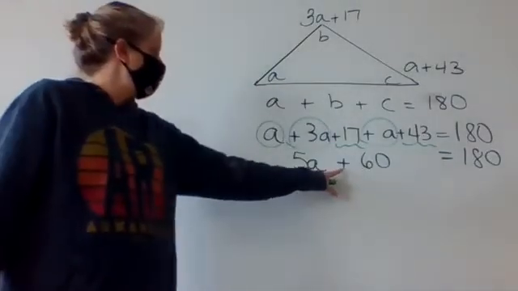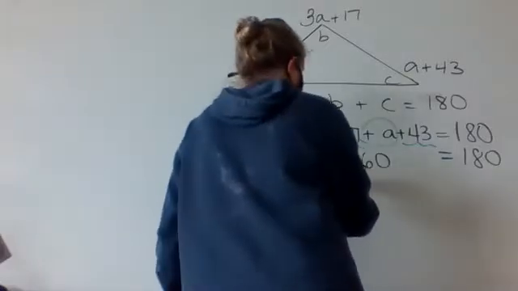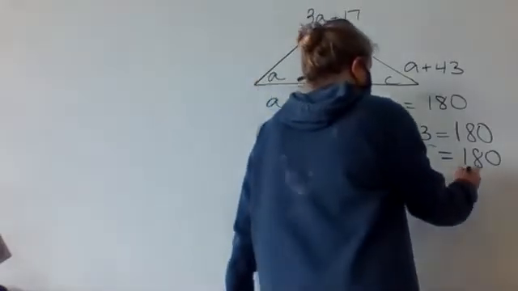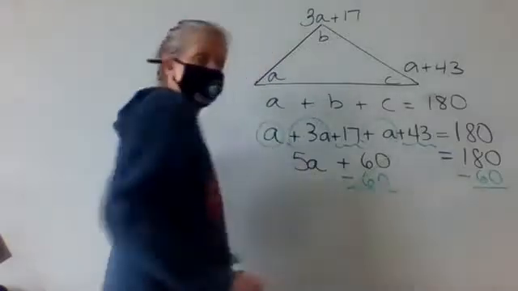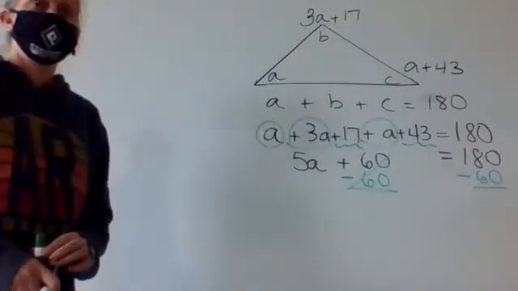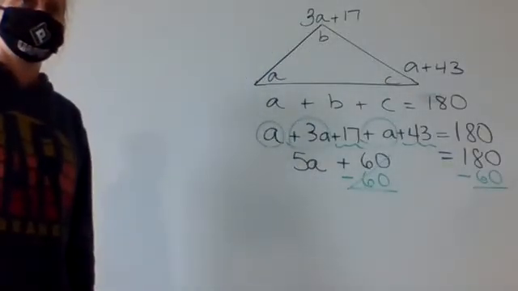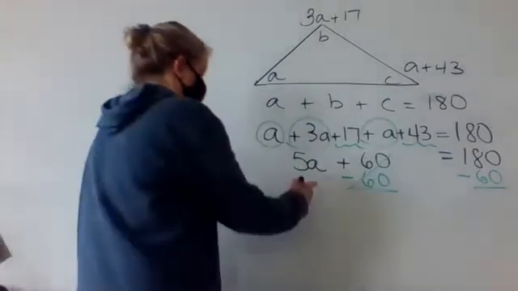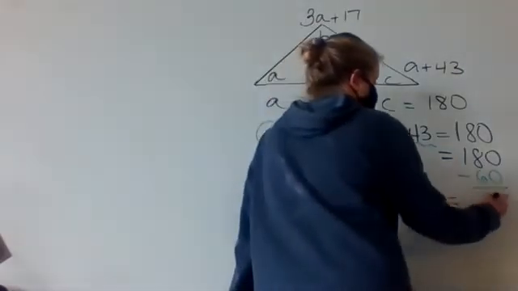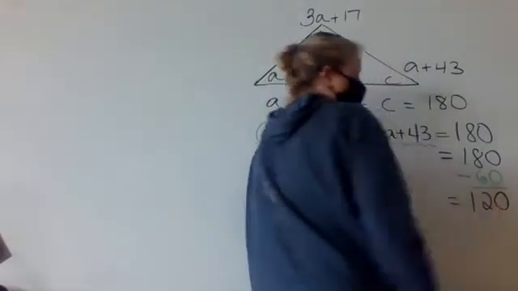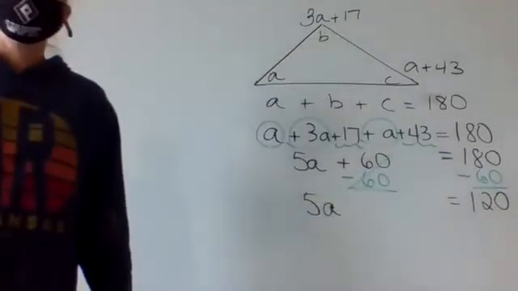If I'm still solving for A, I can get rid of that plus 60 with a minus 60. So let's see, bring this down. I'll bring down the 5A equals 120.